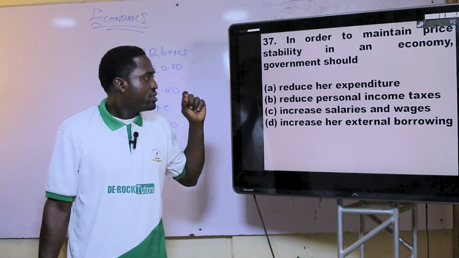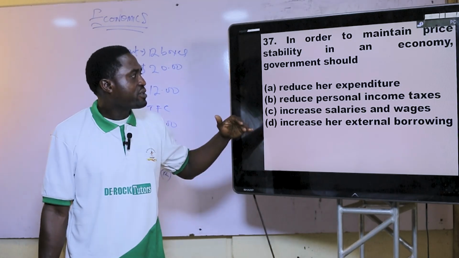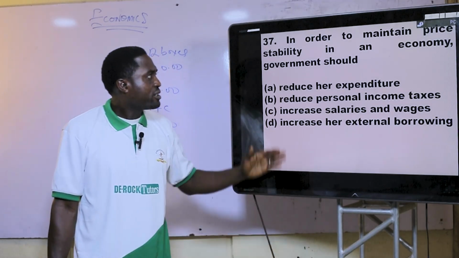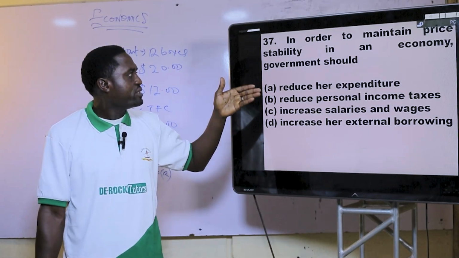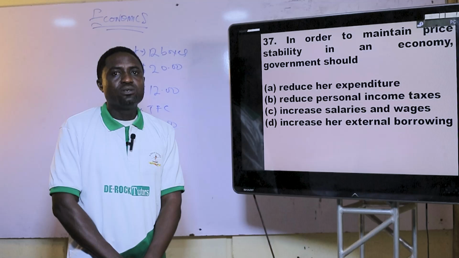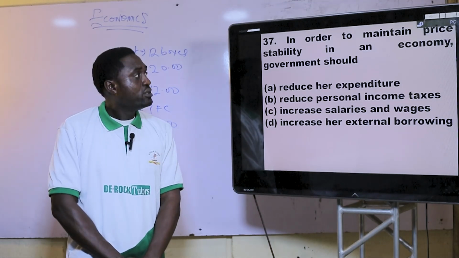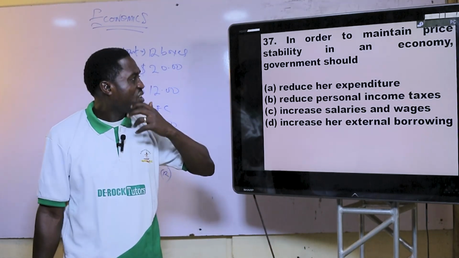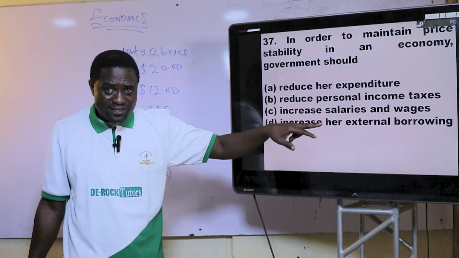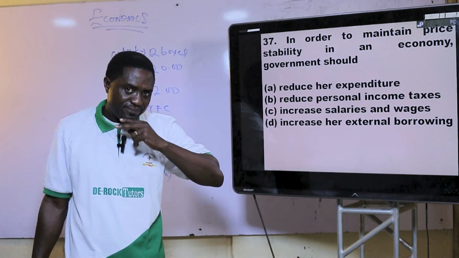The perfect answer to this is to reduce our expenditure. In order to maintain price stability in an economy, government should reduce our expenditure, because if you reduce personal income taxes, there will be more money in circulation.